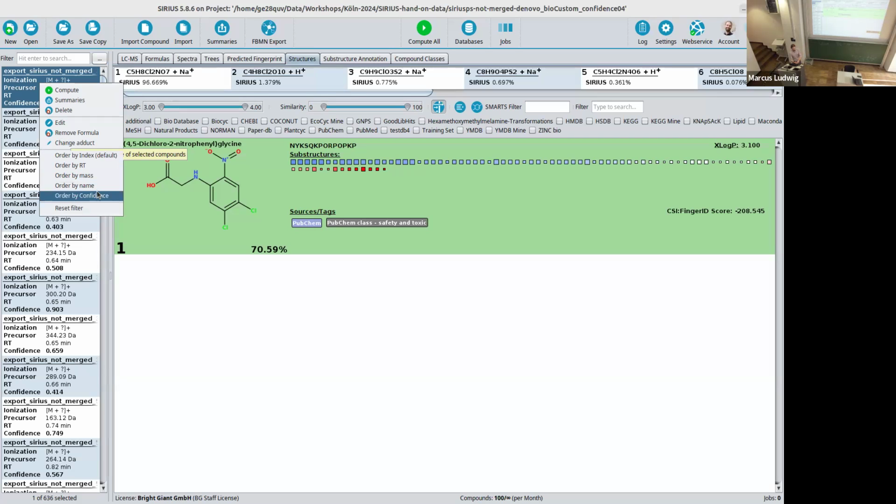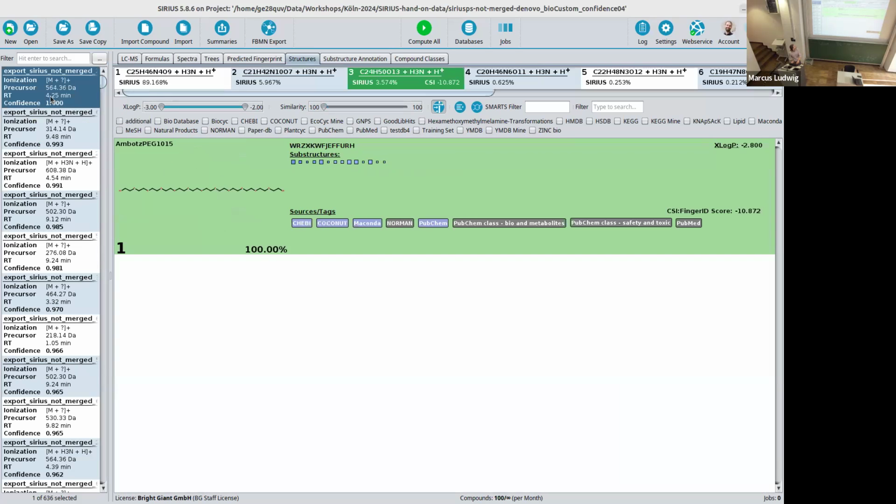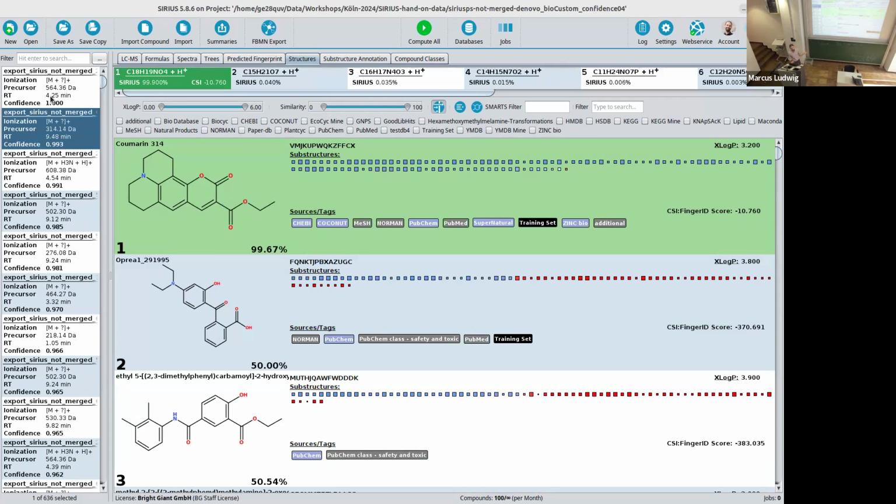And the nice feature is that the first ones should be more meaningful, more often correct than the ones on the bottom. So if you spend your time somewhere for manual investigation, it makes more sense to start at the top, at the probably correct hits, and go down in general. Yes, I think these are most of the features here.